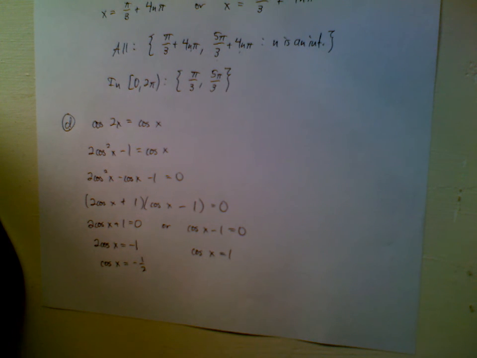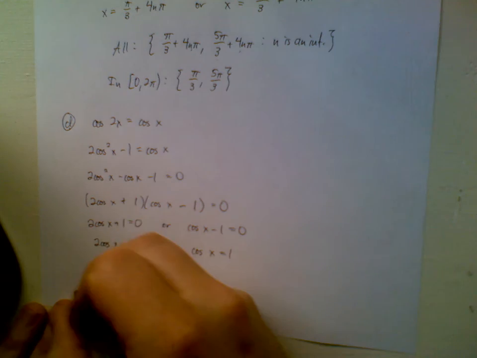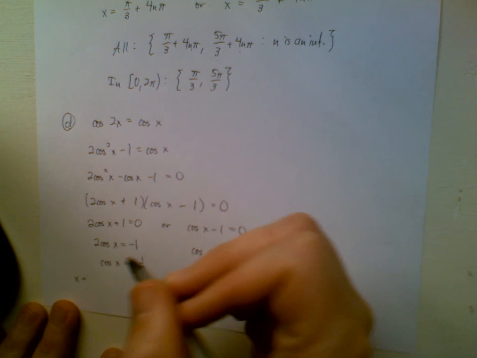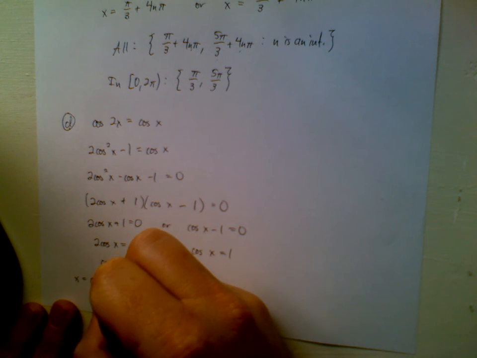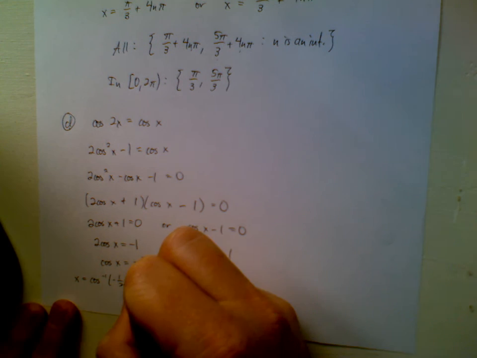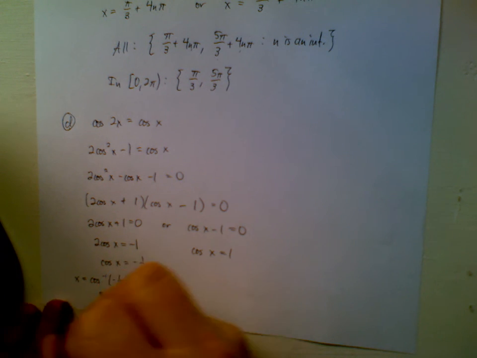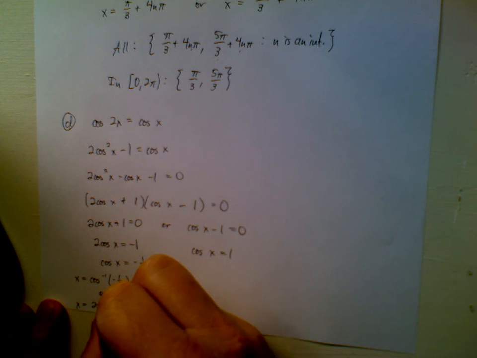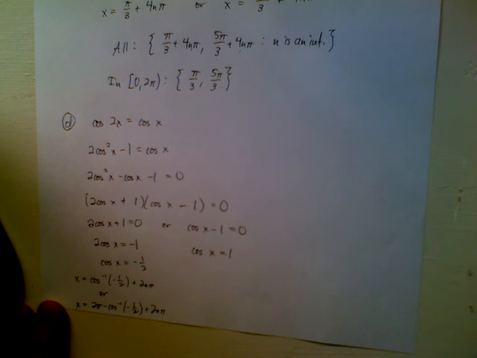Starting to run out of space, but oh man, we're going to get all kinds of solutions here, aren't we? If cosine x is -1/2, then x is either cosine inverse of -1/2 plus 2n pi, of course, or x is 2 pi minus cosine inverse of -1/2 plus 2n pi.